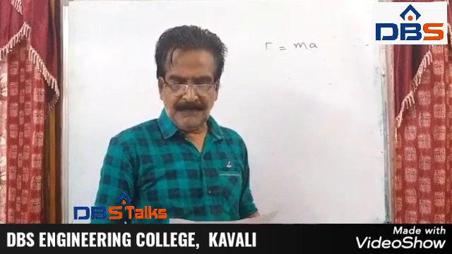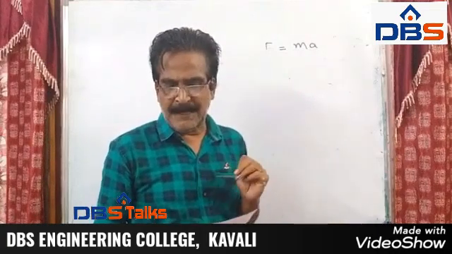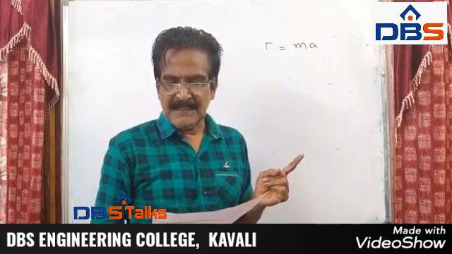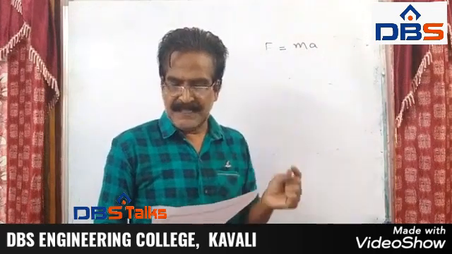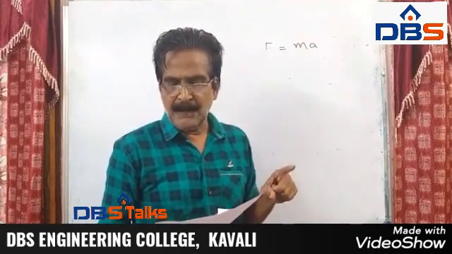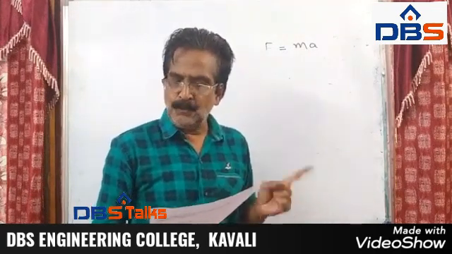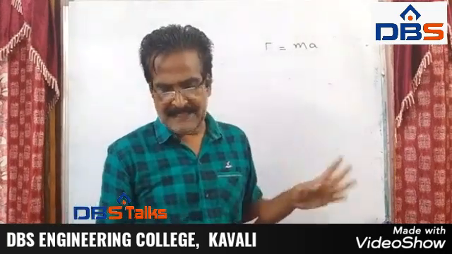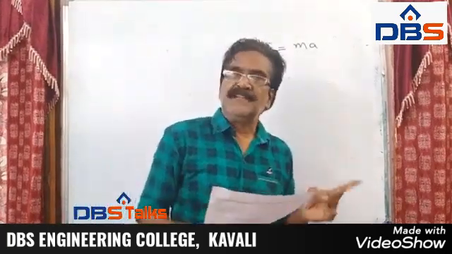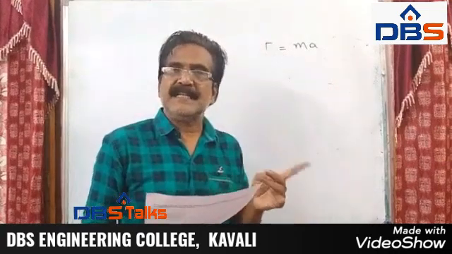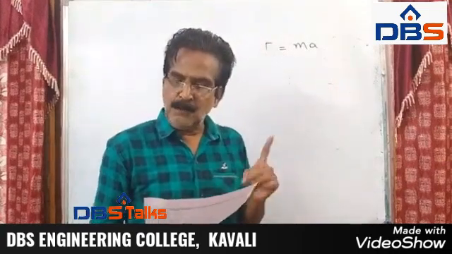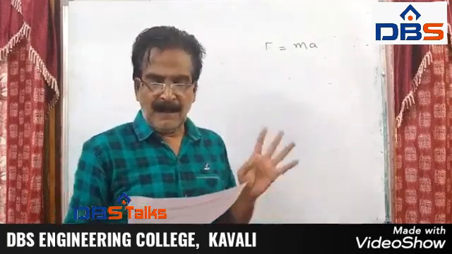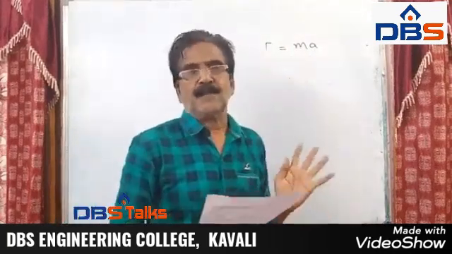A constant force is acting on a body of mass 3 kgs, and changes its speed from 2 meters per second to 3.5 meters per second in 25 seconds. In 25 seconds, the velocity is changed from 2 to 3.5 meters per second after applying some force.